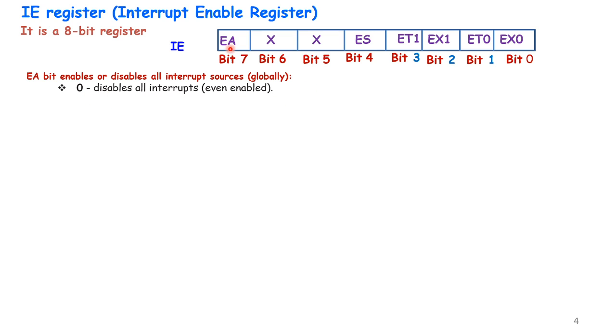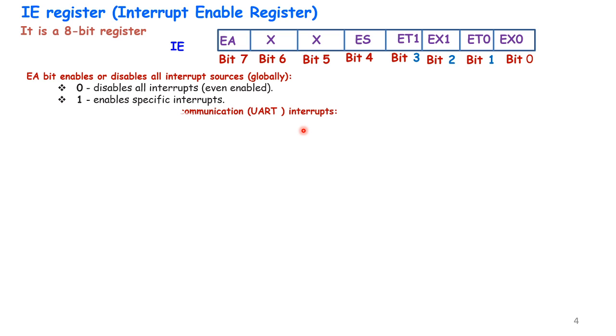So when this bit is equal to 0, all these interrupts are disabled, and when this bit is equal to 1, they can be enabled.